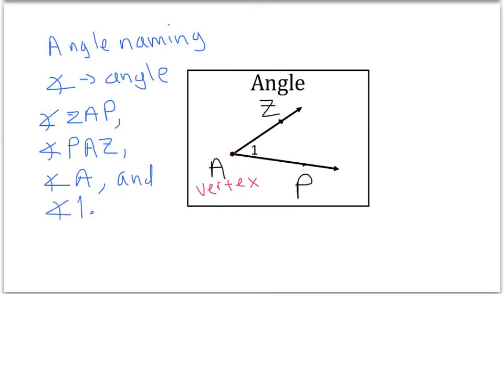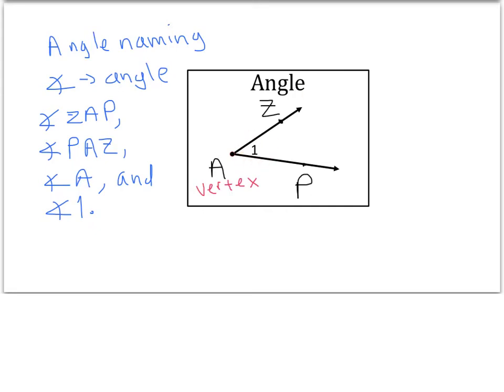Let me just point to you. If we're going to use this one, we're saying that we're going from ZAP, and this one we're going from PAZ. Now for this one it's the vertex letter. So you can also name an angle just by the vertex. Angle 1, that's this one here, the number inside the angle.